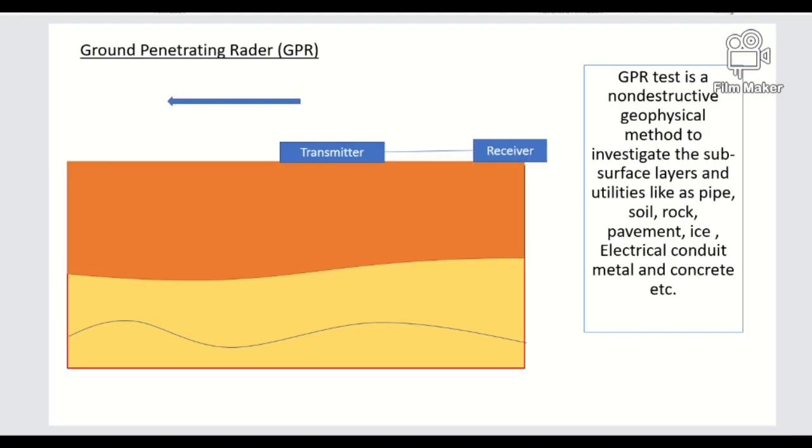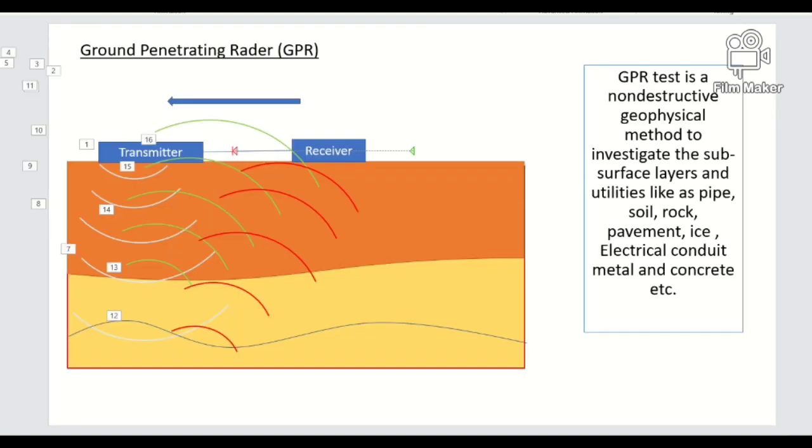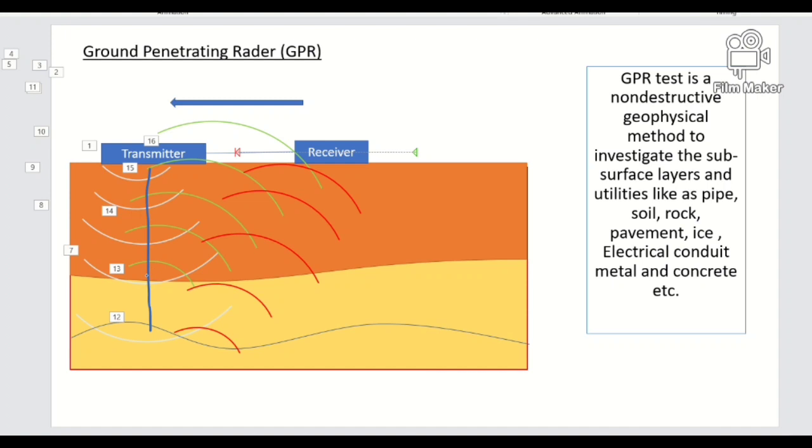We'll see that when the GPR machine is moving, at first the transmitter will create the electromagnetic wave, and the wave is reflected from the object or any layer, and the reflected electromagnetic wave energy will be received through the receiver or antenna in this equipment.